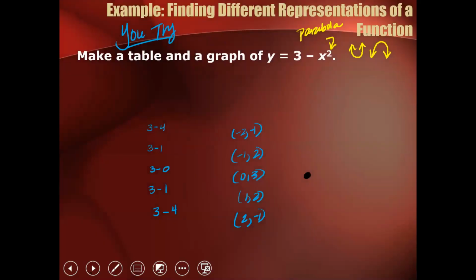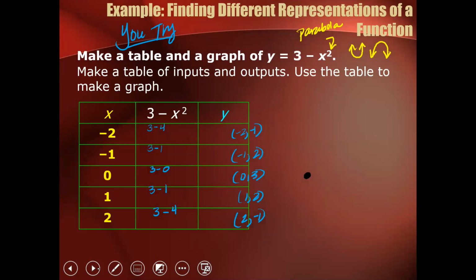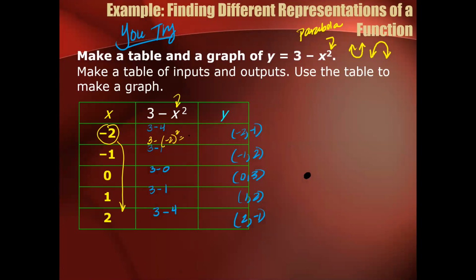Now let's try something a little bit more complicated. Let's take a look at this equation. Here we have y equals 3 minus x squared. Whenever I see an x, I replace it with these values here. For the first one, I have 3 minus negative 2 squared, which is 3 minus 4, and that gives me negative 1.